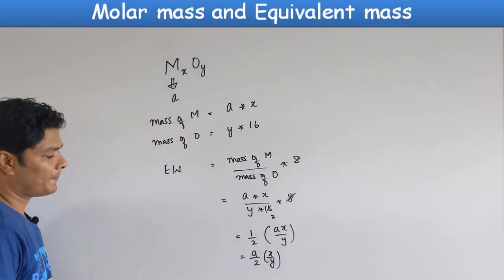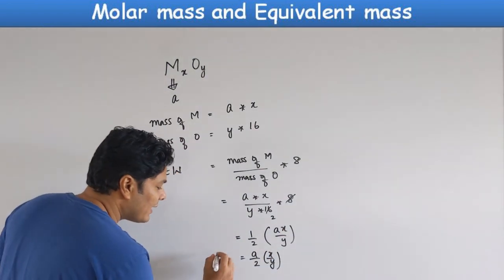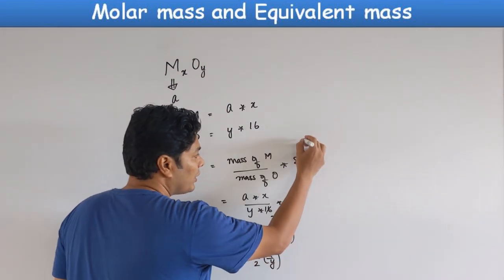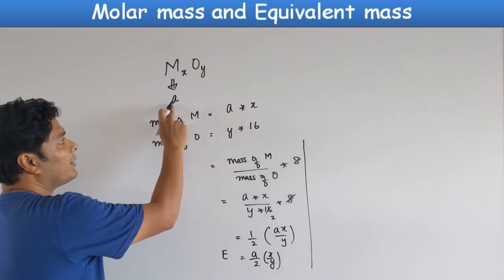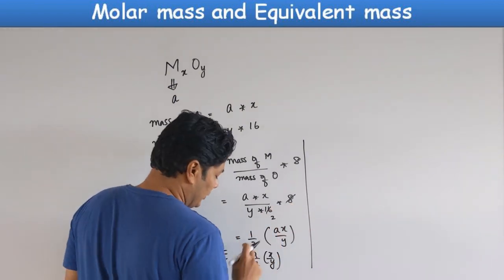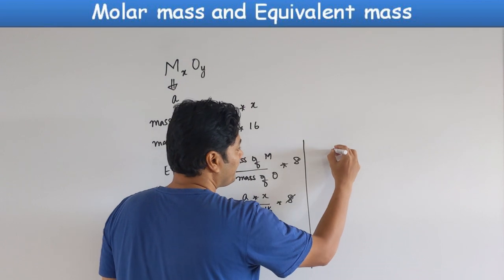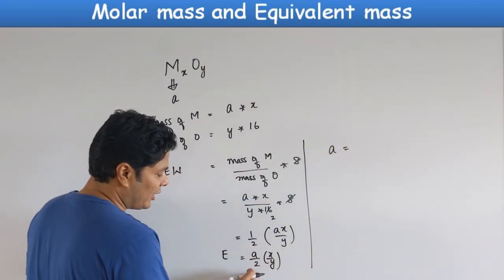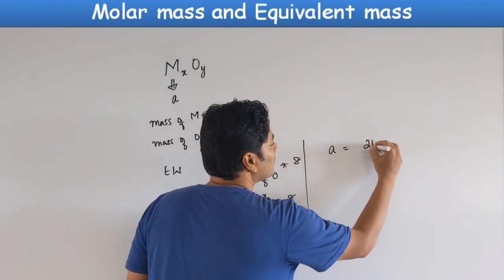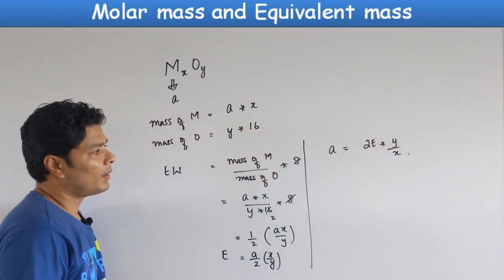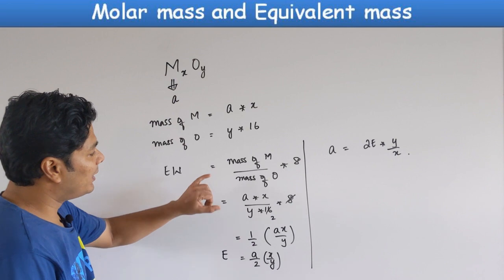Now that we have done this, they have given you a symbol E as your equivalent weight, and they are asking what is the atomic weight of the unknown metal. So if E equals A by 2 times x by y, we can say A equals 2E times y by x, our answer. Again, this is much simpler.